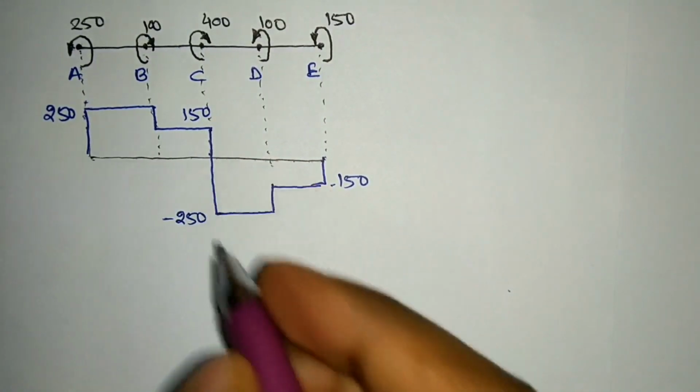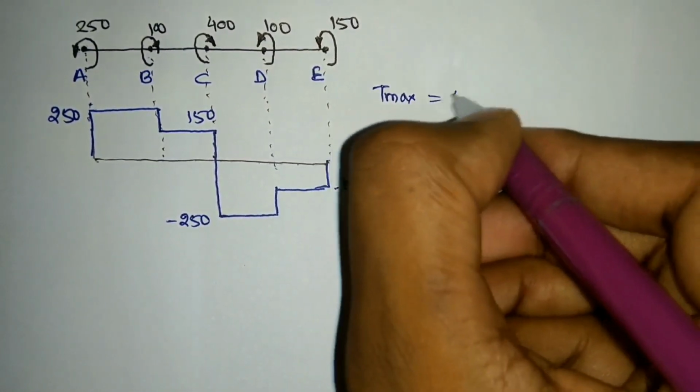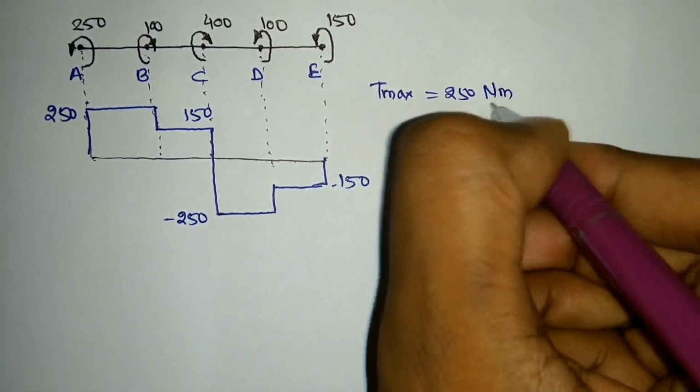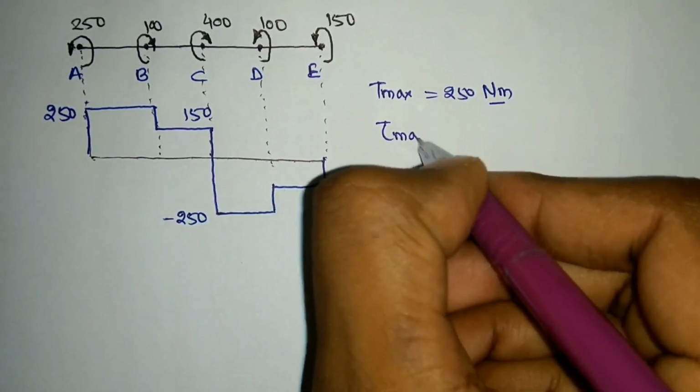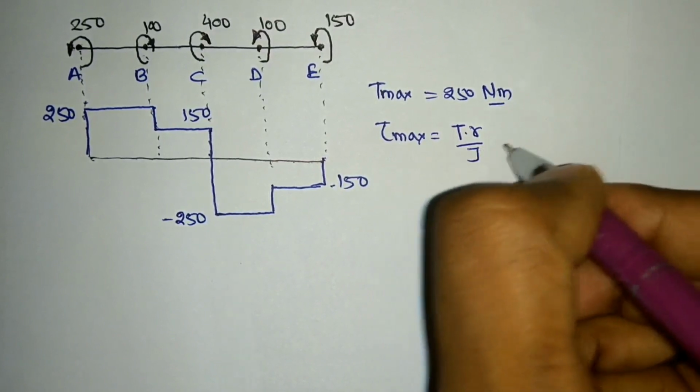okay. So from this torque diagram I can say that maximum torque value Tmax is equal to 250 Newton meter, okay. So the maximum shear stress will be TR divided by J, okay.